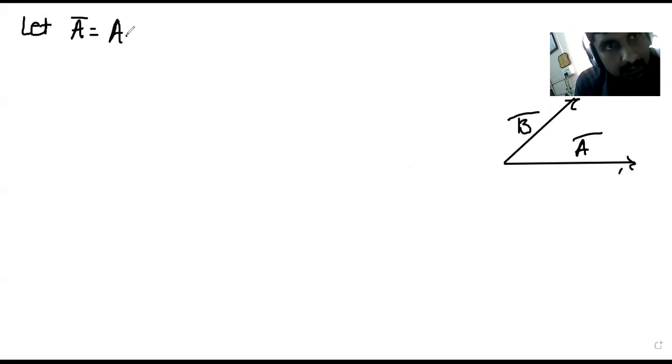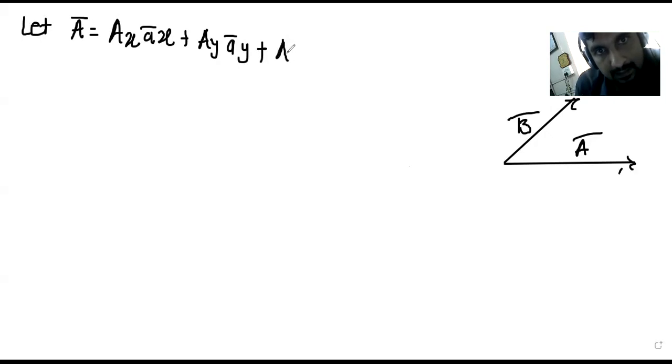I'm writing the x component as ax a bar x, plus ay, where ay is the y component of that vector, so a bar y, plus az, where az is the z component of that vector, right? And let us assume we have one more vector b bar.